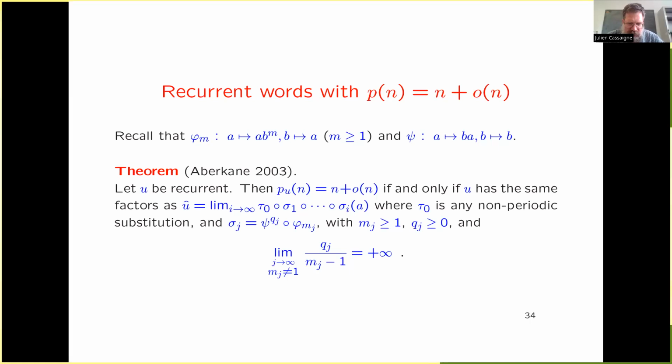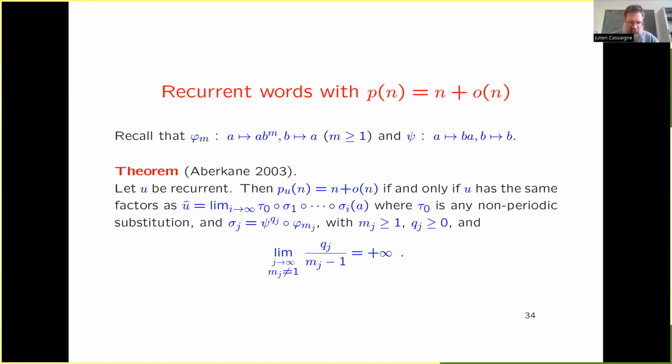So the q_j have to be large enough, and the m_j have to be not too large compared to the q_j. So there is a trade-off between q and m.